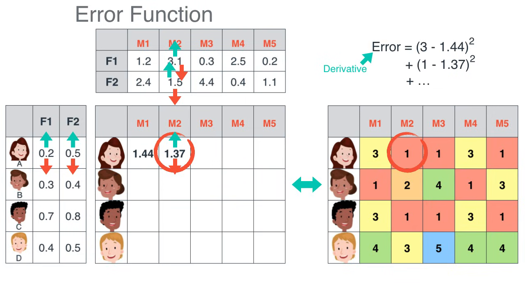So that is the method called gradient descent. And so what we do is we apply it repeatedly on all these entries, and eventually we get the right numbers on the matrix on the top and the matrix on the left in order to find the right factorization. So that's pretty much it. That's the matrix factorization algorithm.